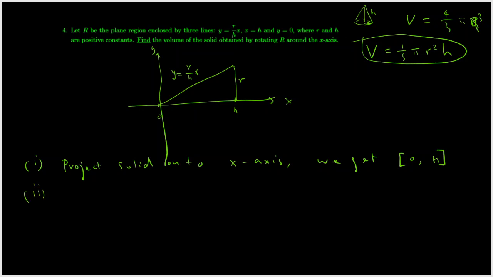The second step in most cases is the hardest step. In the second step, we are trying to get the area of the cross section. For each x on the interval from 0 to h, imagine that x is here.